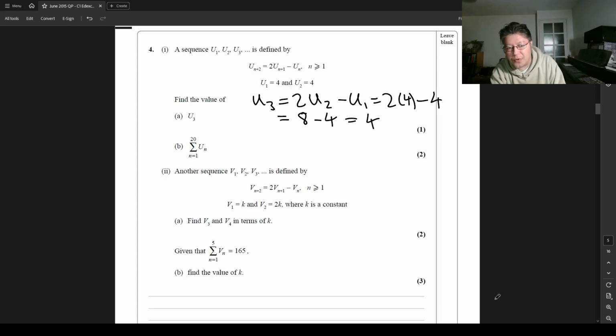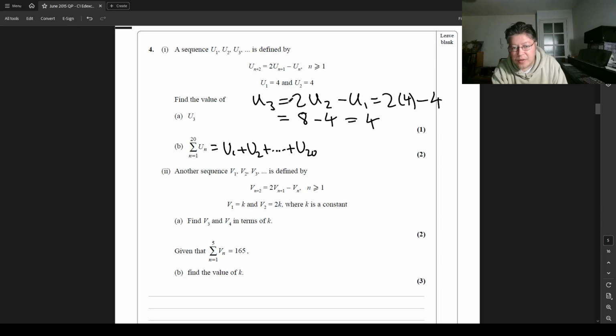So u3 is 4. The next thing we want to do is work out the sum of the first 20 terms. So basically what this means, it means u1 plus u2 plus all the way up to u20. Now, it turns out, if you can see this, that all the terms are equal to 4. u1, u2, u3, u4 up to u20 are all 4.